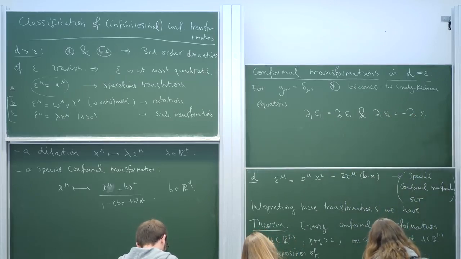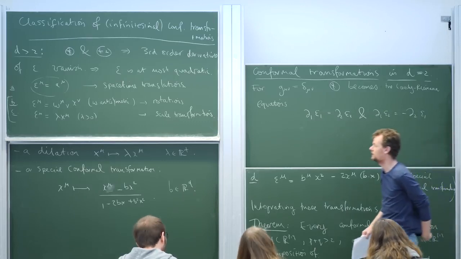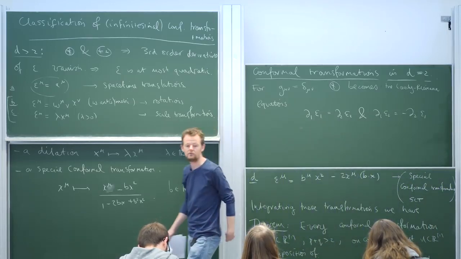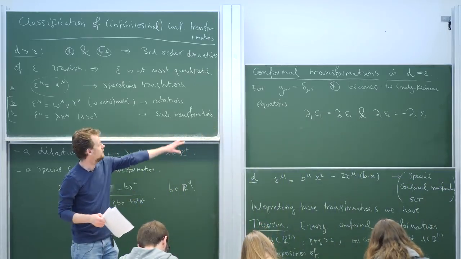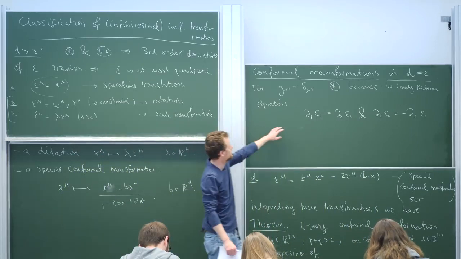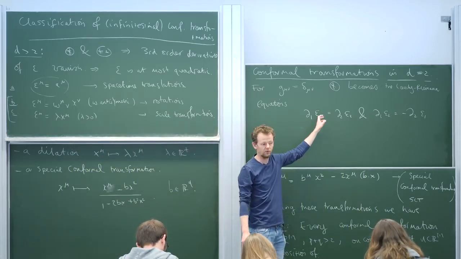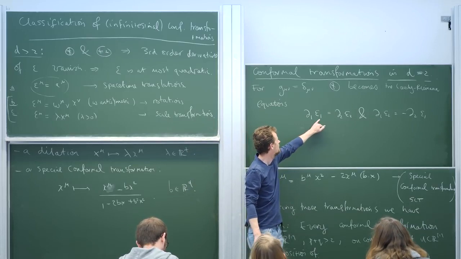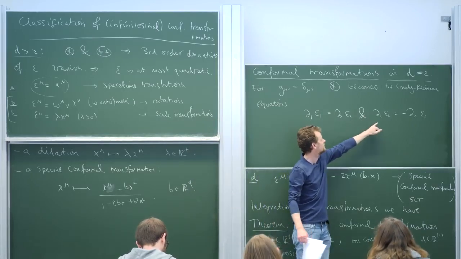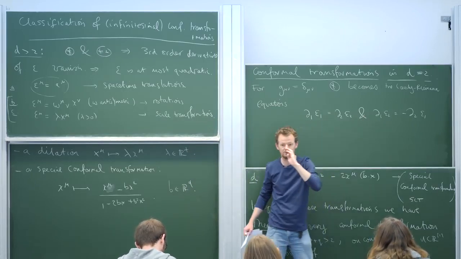If you write out all the equations star, you'll see that you get two equations for epsilon, and they have this form: d1 epsilon 1 equals d2 epsilon 2, and d1 epsilon 2 equals minus d2 epsilon 1.